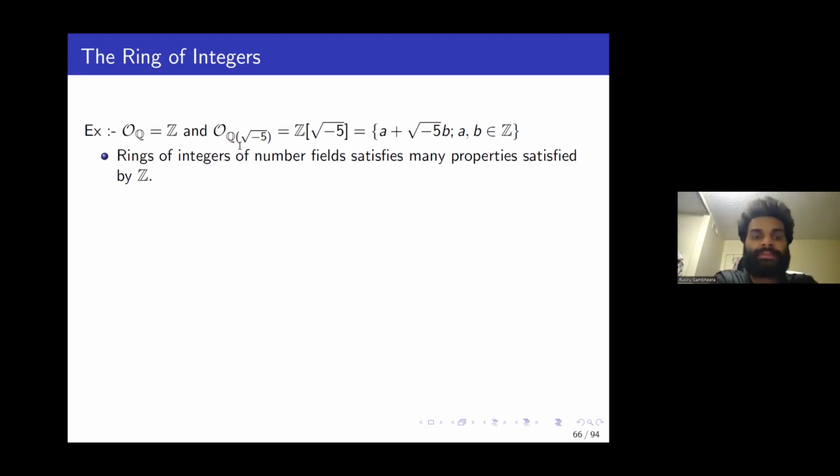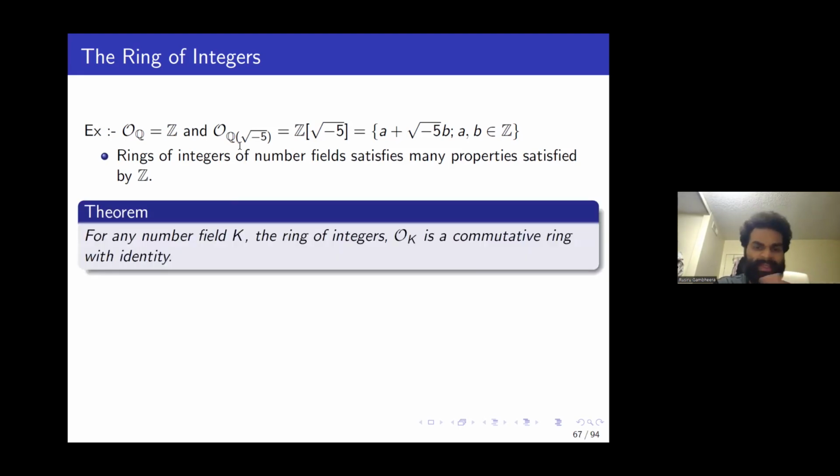The ring of integers of general number fields does satisfy some properties of the integers themselves. So in our minds, we should always think about the ring of integers Z when we think about the ring of integers of a general number field. And this is a theorem that it's in fact a ring.